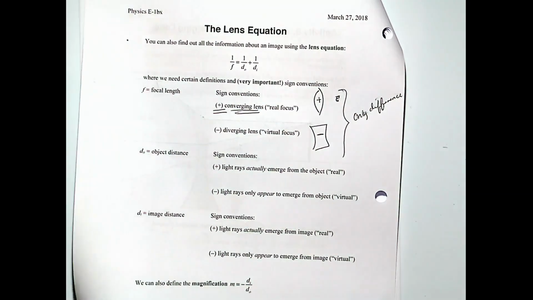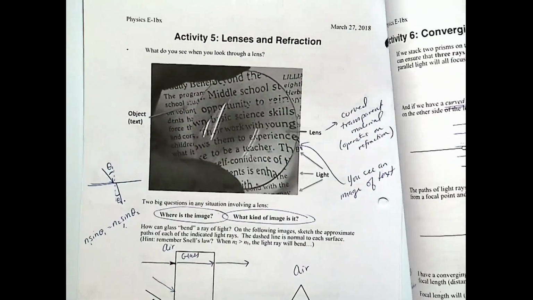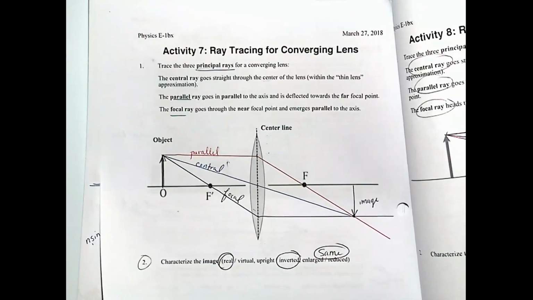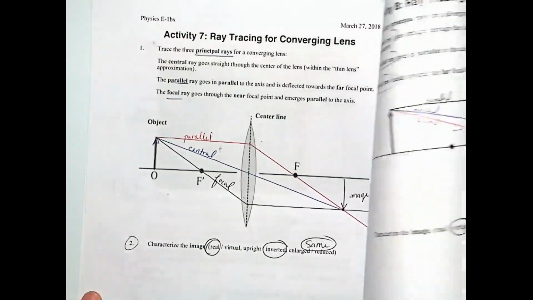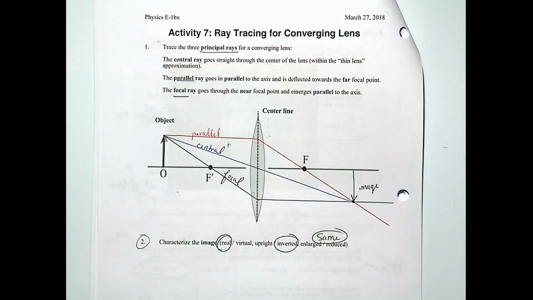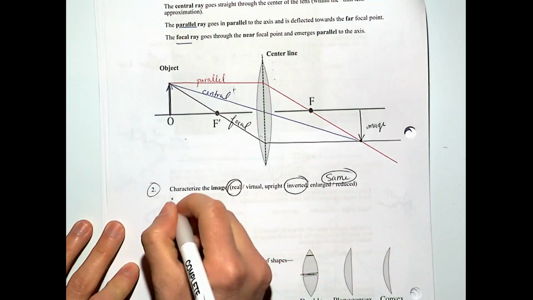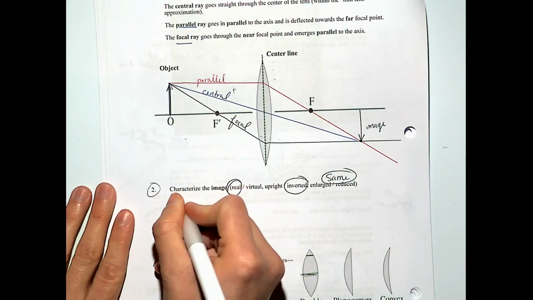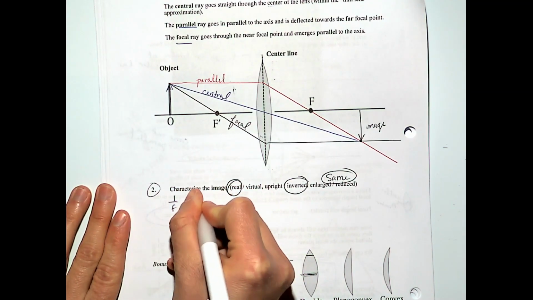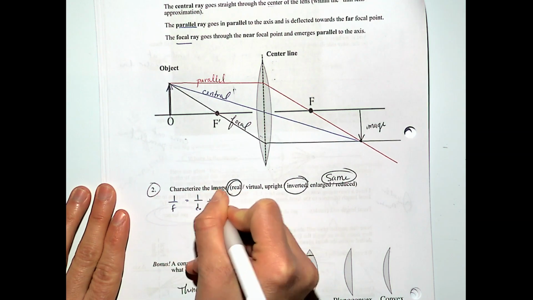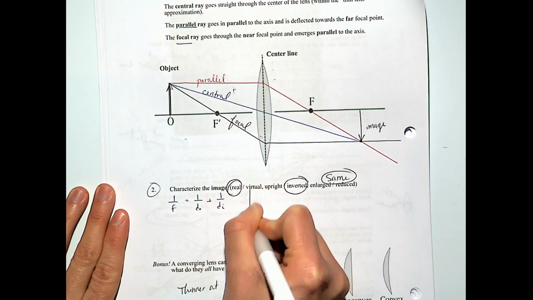So let's go back and do the math. Let's go back to activity 7. Here, we're going to use that equation again: 1/f = 1/do + 1/di.